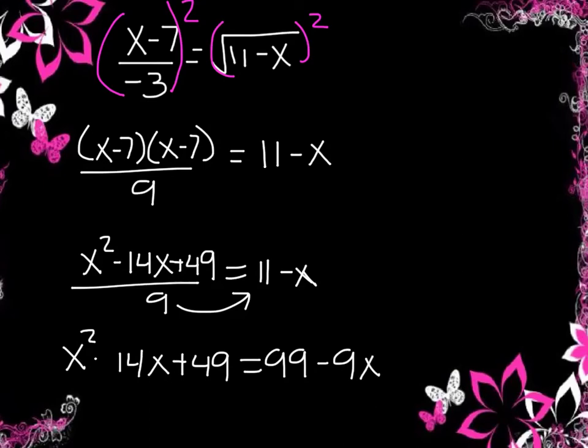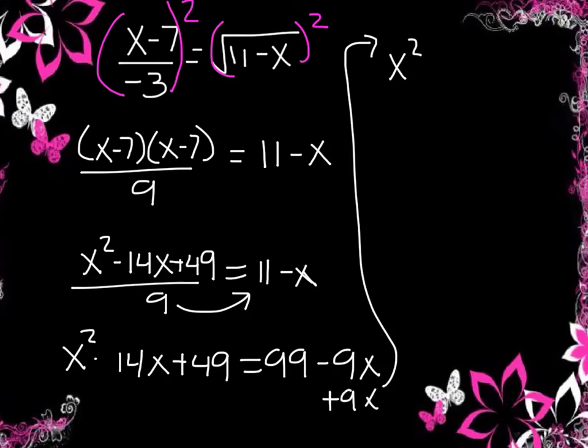And then I'm going to set it equal to 0 because it is a quadratic. I'm going to do that up here. So I have x squared, and then I'm going to add 9x to both sides. Negative 14 plus 9 is negative 5x. And I'm going to take away 99 from both sides. 49 minus 99 is negative 50.